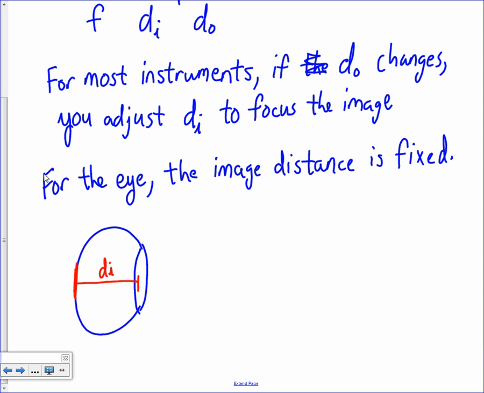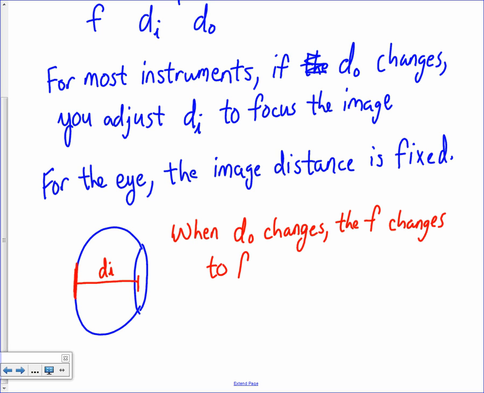And so the eye does this remarkable thing where instead of changing the image distance, the focal length of the lens will change. So when DO, the object distance, changes, the focal length changes to focus the image.